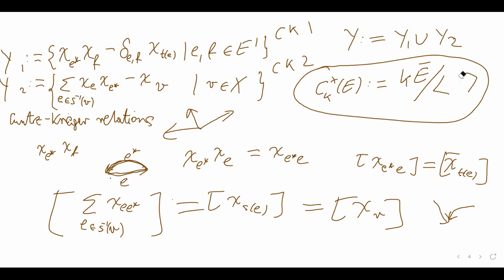So this is also Y. But now when I define Y2 and you know how it depends on X, maybe here I can say Y1 of X, Y2 of X, and Y of X, okay? So that's more precise.